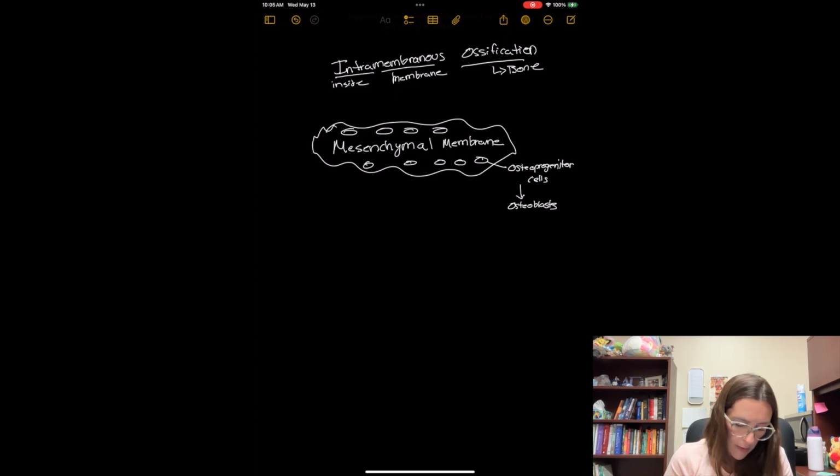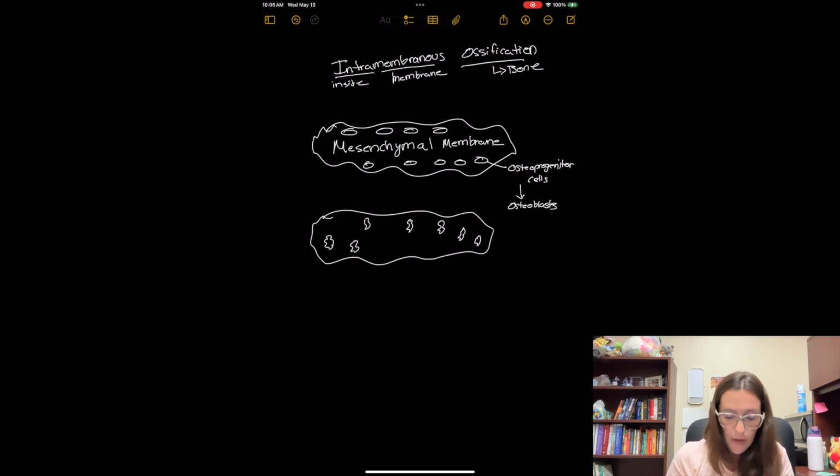And so inside this membrane, we now are going to have osteoblasts building up little areas of bone. Okay. So lots of little osteoblasts building up areas of bone, very small. But as they keep building bone, they start to create kind of bigger structures.